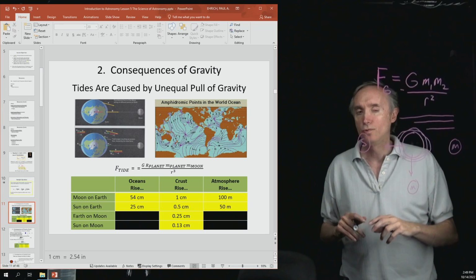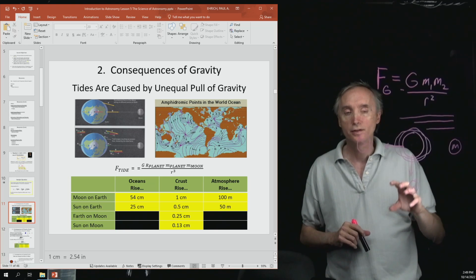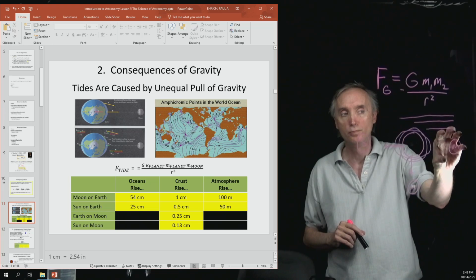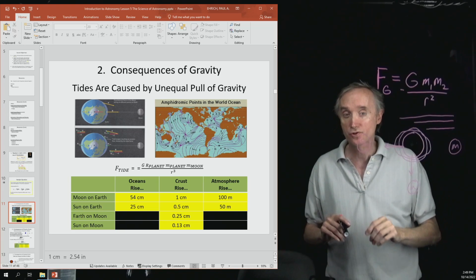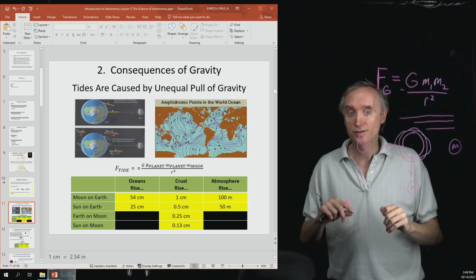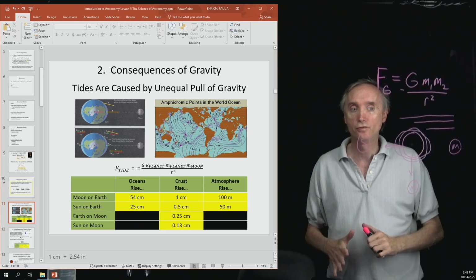Okay, so we now know that the closer that a moon gets to the planet, the stronger that gravity gets. So the stronger this tidal force is going to be. So they've even worked out the formula for it.